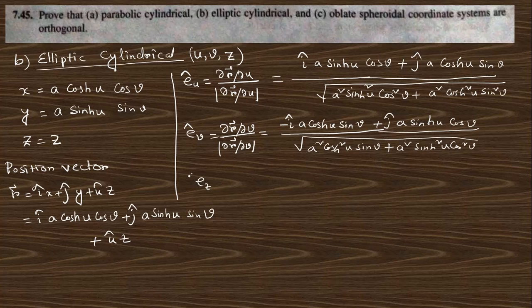And e_z is del r vector by del z, divided by its modulus. This gives you only k cap, this is 1.